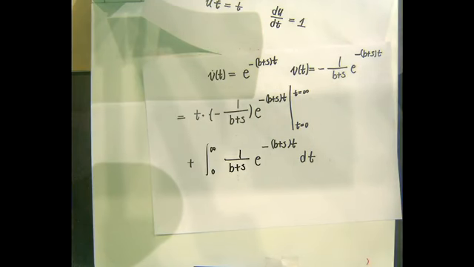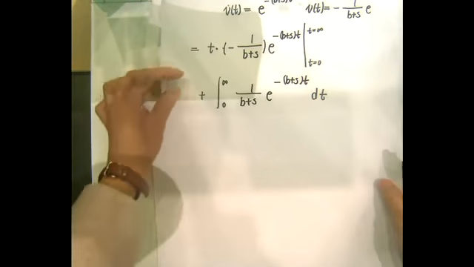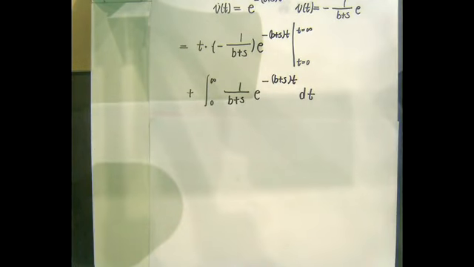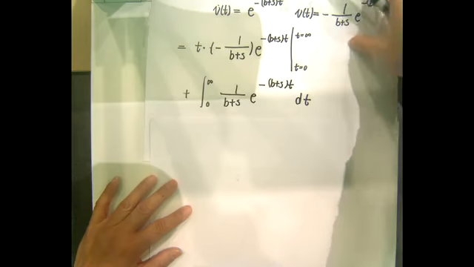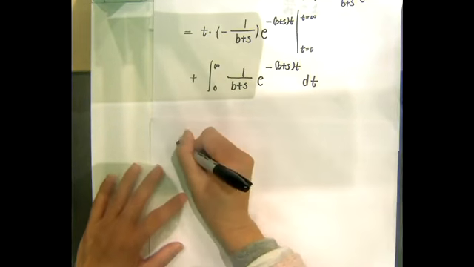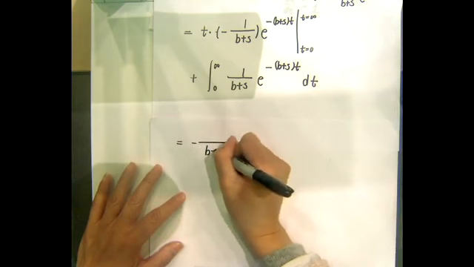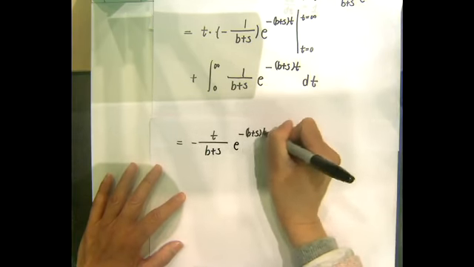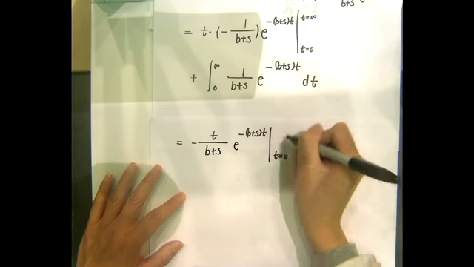So I'm trying to be slow, and sometimes when I'm writing things, I think what I wrote is not consistent with what I thought. So you can probably help me to check for any errors when I'm writing things down. So if it's this case, I can always put them together. So it will be my minus 1 over (b plus s) t e minus (b plus s)t, with t from 0 to infinity.